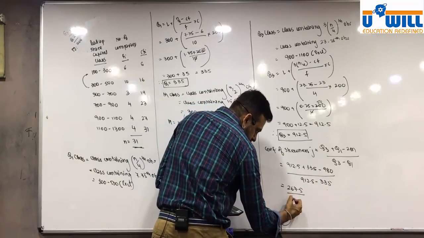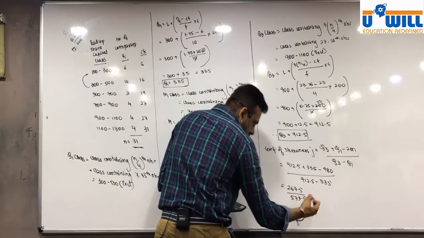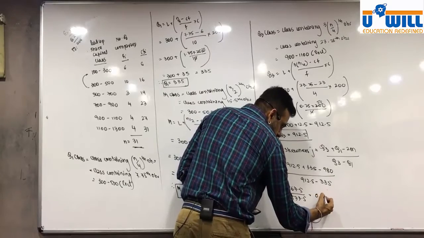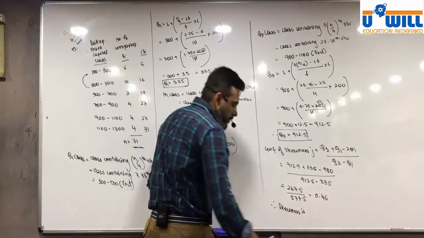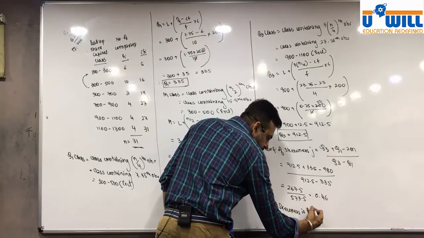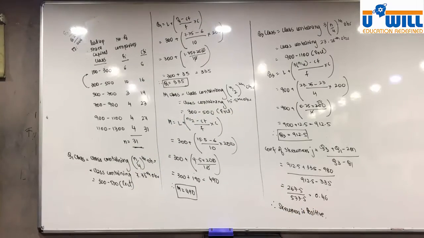How much? 577.5, which is equal to 0.46. Therefore, skewness is positive.